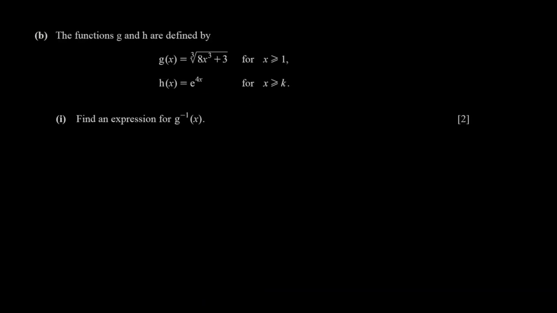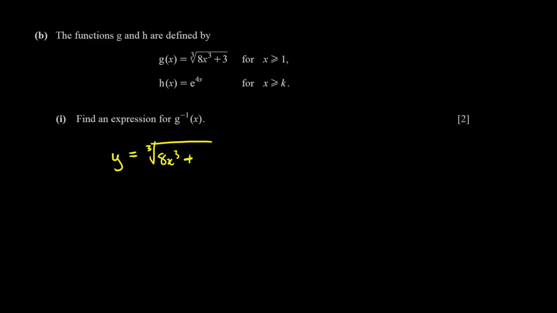Okay, so the next part of this particular functions question, what we've got is two functions g and h, which have got the following definitions. We want to find an expression for the inverse function. Well, the way we do the inverse function is basically we try to make x the subject. So here we've got y is equal to the cube root of 8x cubed plus 3.